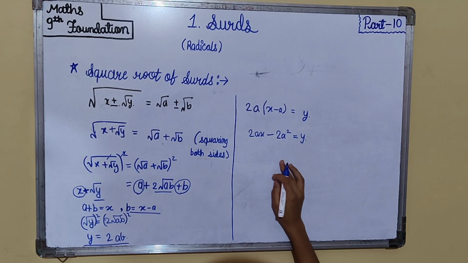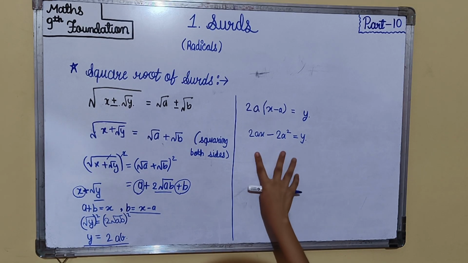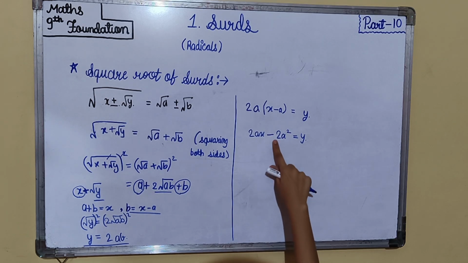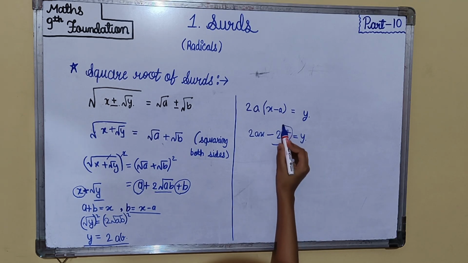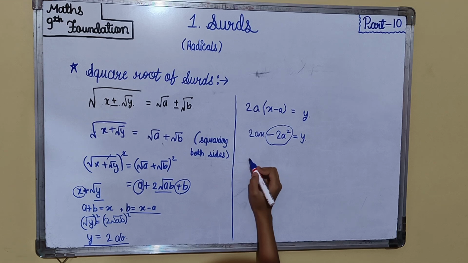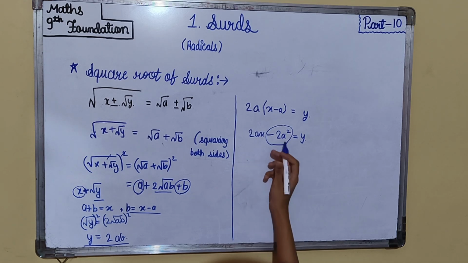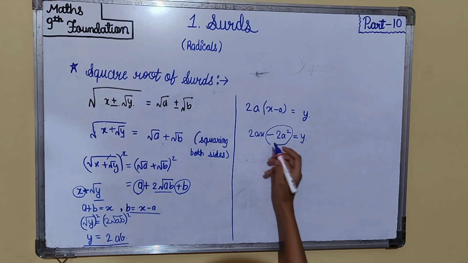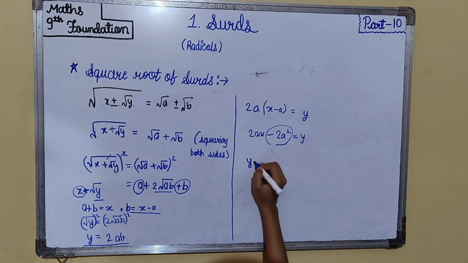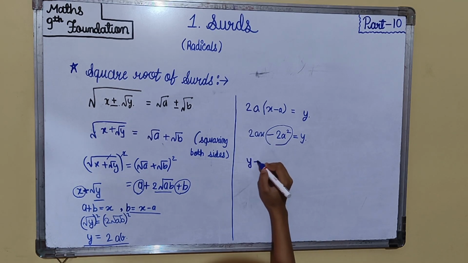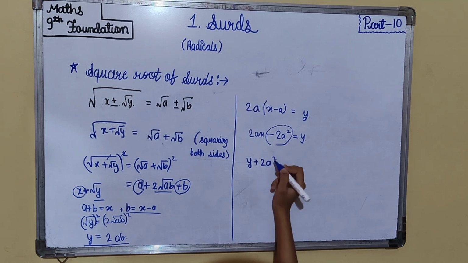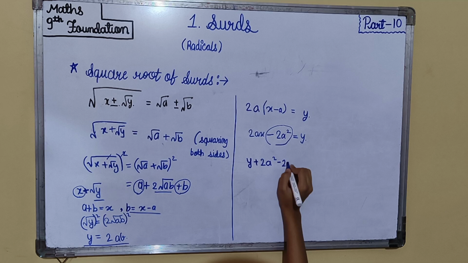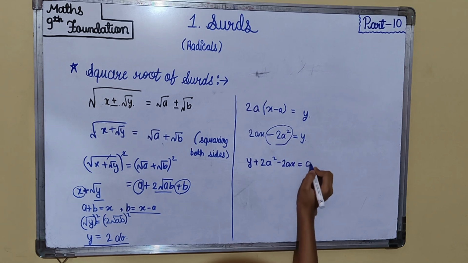Now after some time this will become a linear equation in two variables, and over here the square term should always be positive. So for making this positive, we'll transpose it to the RHS. So y plus 2a square, and this also will transpose, minus 2ax should be equal to 0.